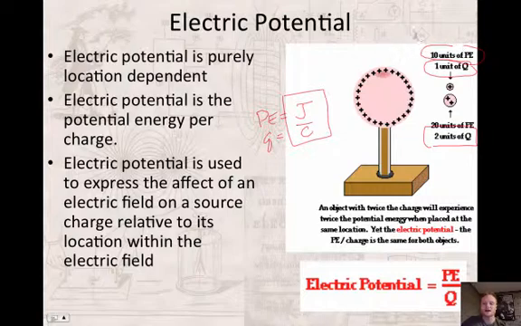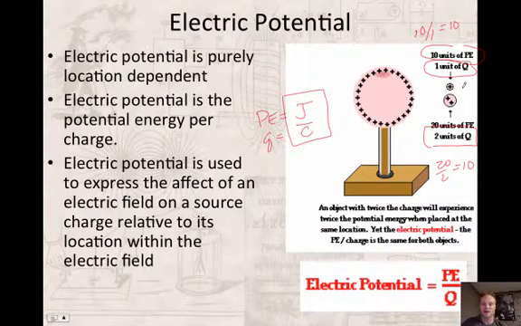If you take 10 divided by 1, you get 10. If you take 20 divided by 2, you also get 10, and basically that's saying they both have the same electric potential. Now, the shame is that in science there's something called electric potential energy, which just looks at the amount of energy an object has.